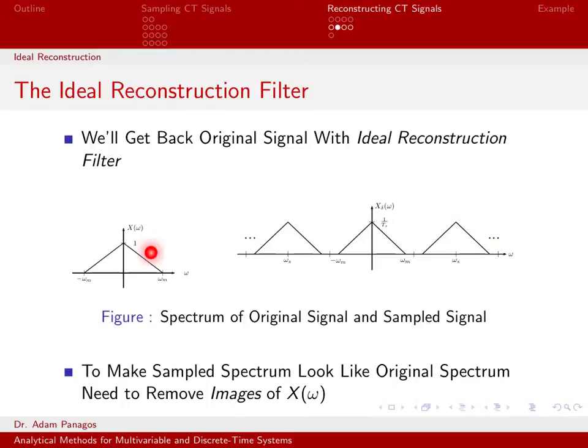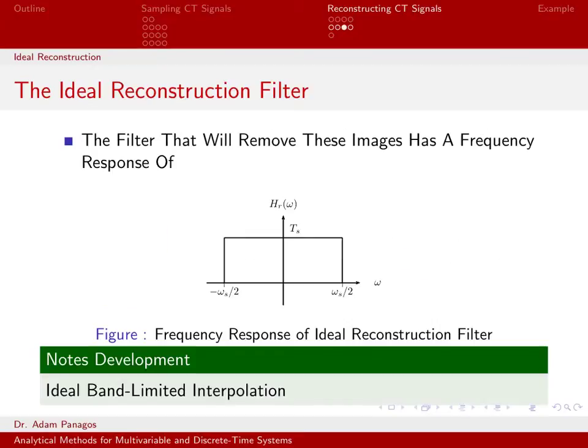We're going to apply a filter that in the frequency domain rejects all of this and rejects all of this. Another way of saying it is we are going to use an ideal reconstruction filter that perfectly passes just this part of the spectrum and whose gain over that part of the frequency domain is t sub s. So it cancels out the 1 over t sub s and gets us back to a 1. What does this filter look like? It looks like this.